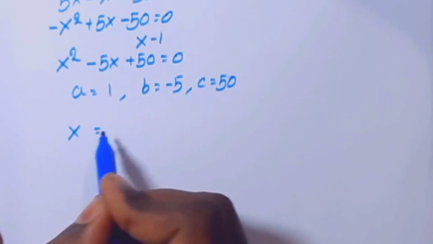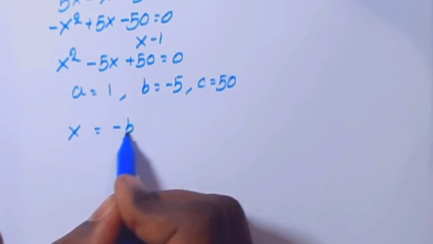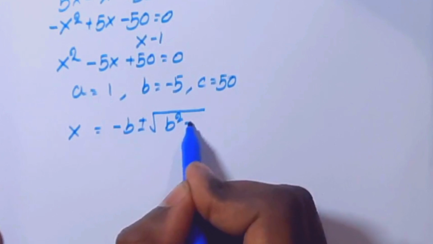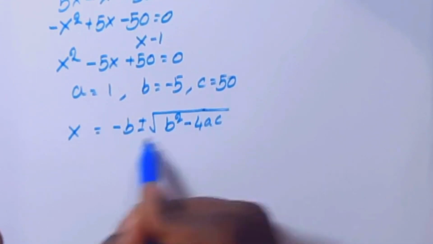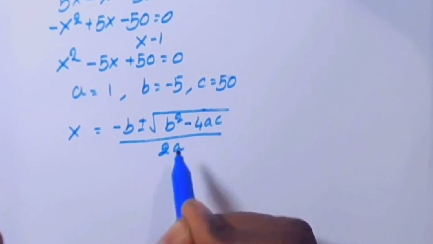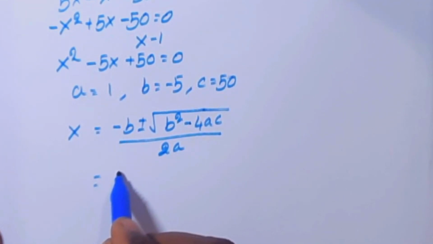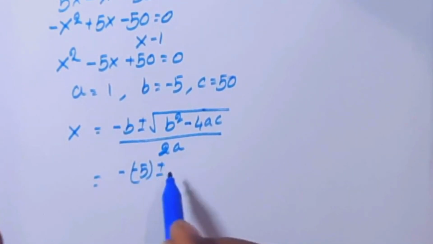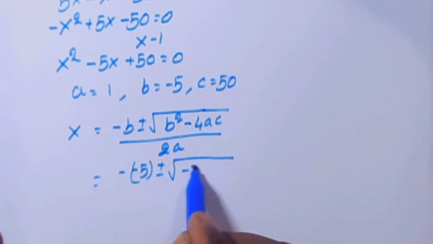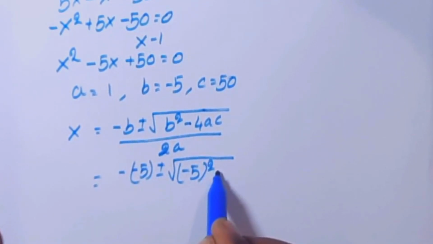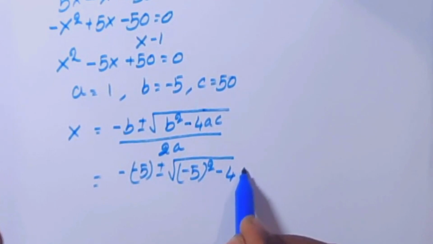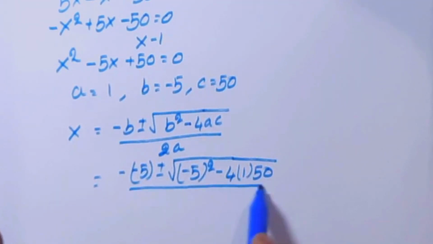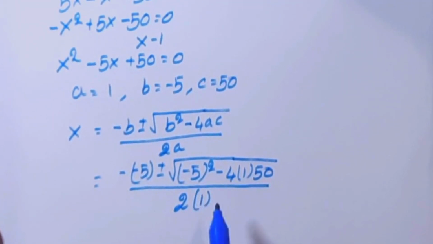Quadratic equation formula: x equals minus b plus or minus square root of b square minus 4ac, by 2a. Now minus b is minus minus 5, plus or minus square root of minus 5 square minus 4 times 1 times 50, by 2 times 1.